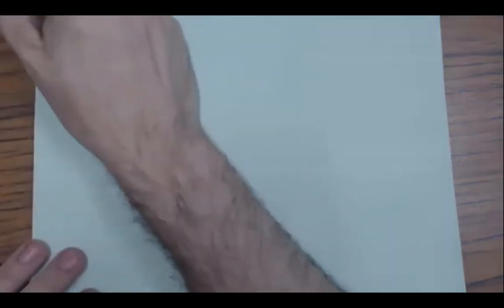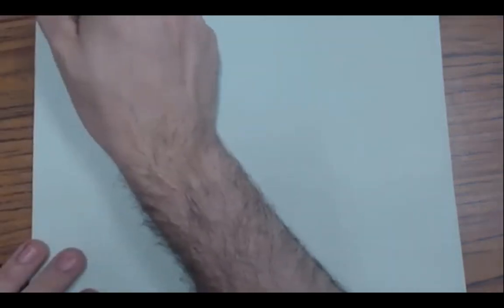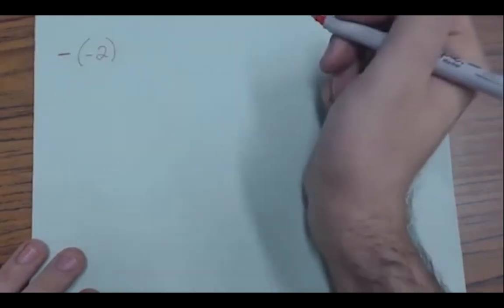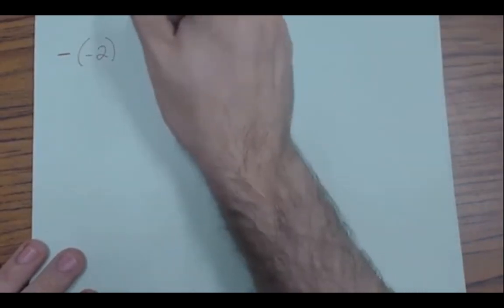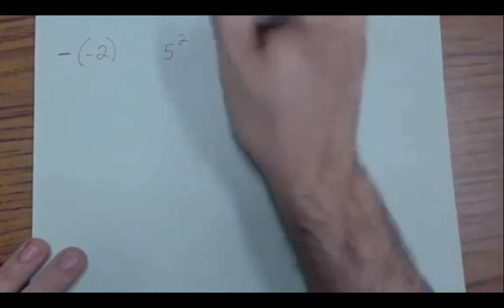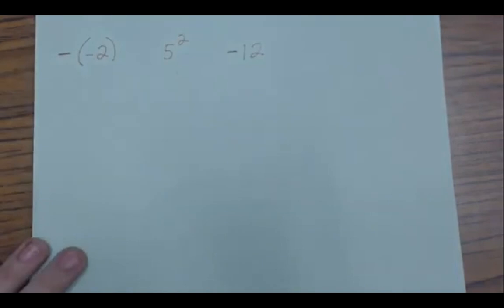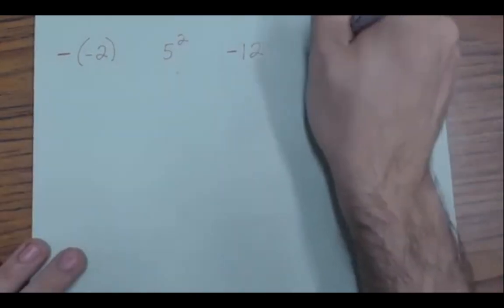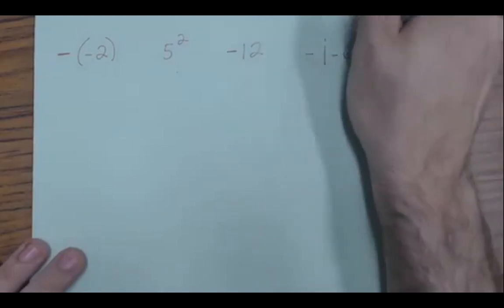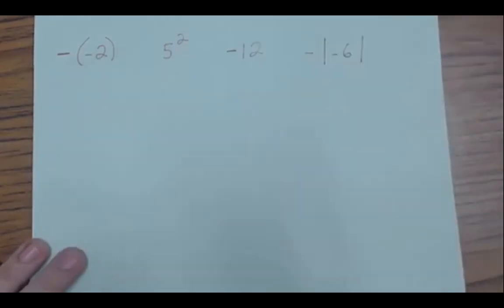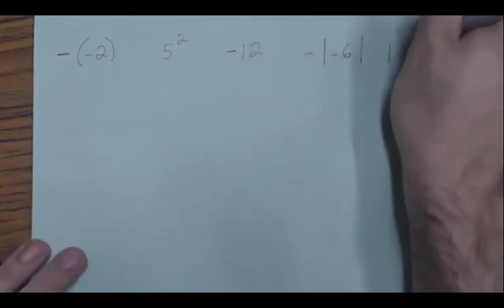Now, these are the opposite of -2, 5 squared, -12, the opposite of the absolute value of -6 and the absolute value of -13.